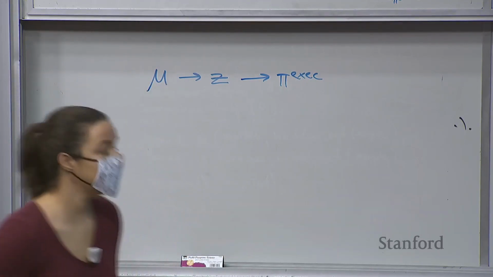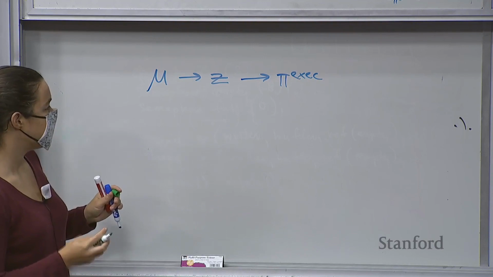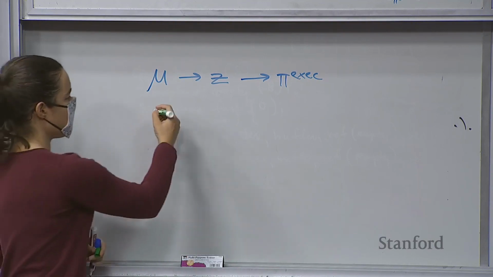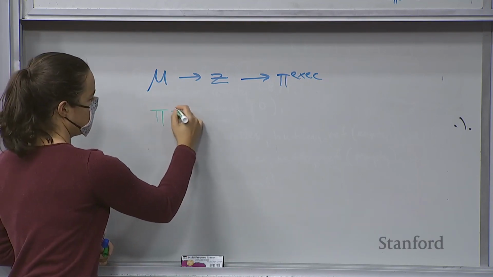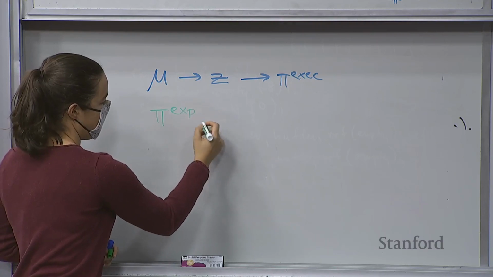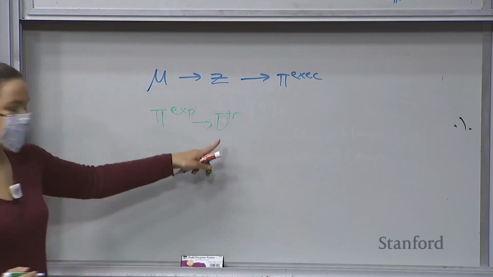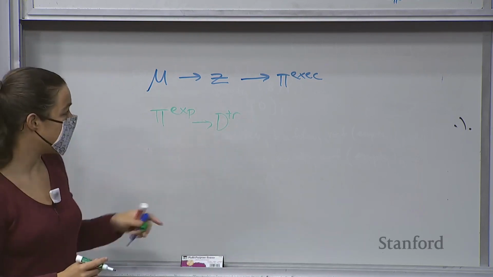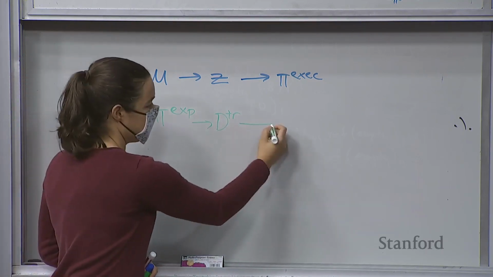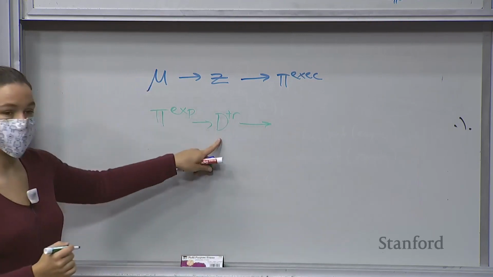And then we're also going to have our exploration policy, and this is going to spit out some data that it explored with. And then we'll have one final model that can try to predict the task from this training data.